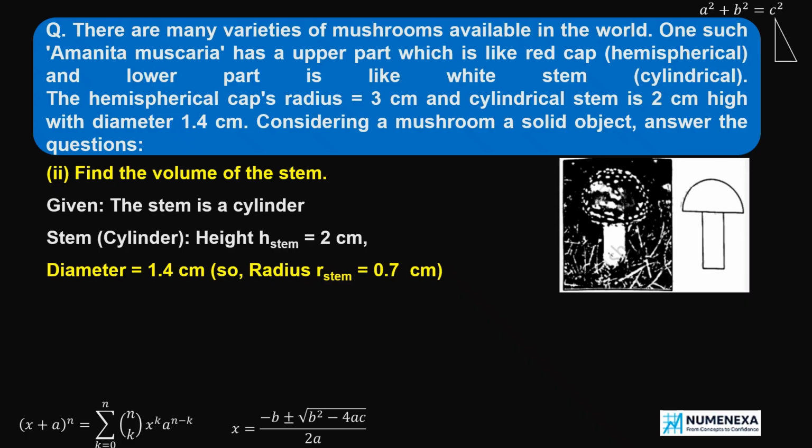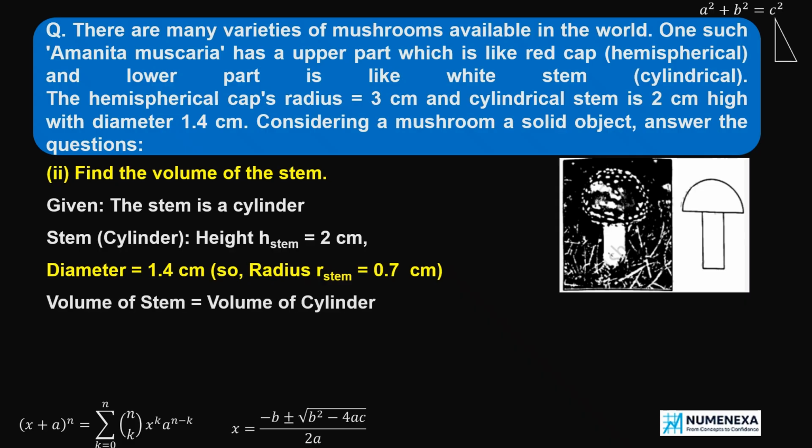Therefore, the radius r stem, that is the radius of the stem, will be half of the diameter, which is 0.7 centimeter. And we need to find the volume of the stem. Now recall the formula for the volume of a cylinder, which is pi r square h.